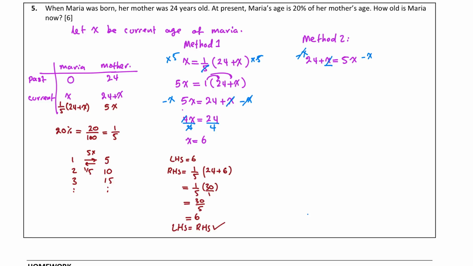and I will be left with 24 is equal to 5x minus x. So 5 apples minus 1 apple gives me 4 apples. Then I will divide both sides by 4. The 4's cancel, and I'm left with 24 over 4, which is 6, is equal to x. For good form, I will write x is equal to 6.